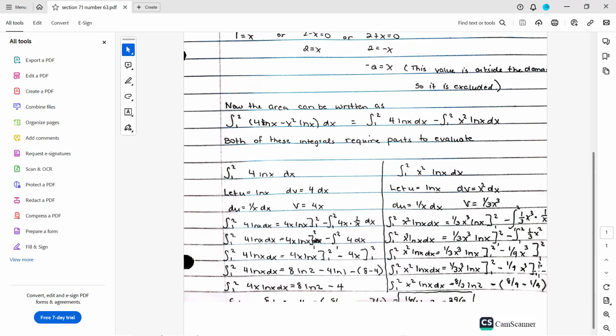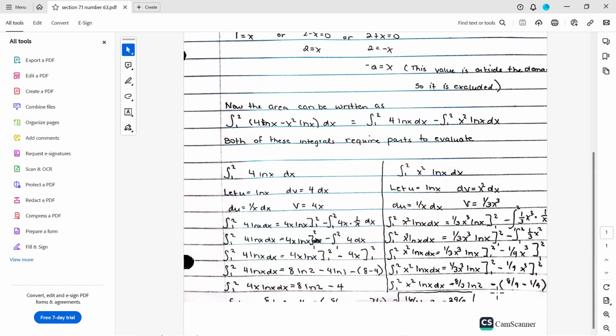So 2 cubed is 8, so this is 8/9 minus, because remember we have to subtract the expression that we evaluated at the lower limit, minus 1/9. So if you work that all out, which you can't see down below, you have 8 ln 2 minus 4. And then this is minus 7/9.